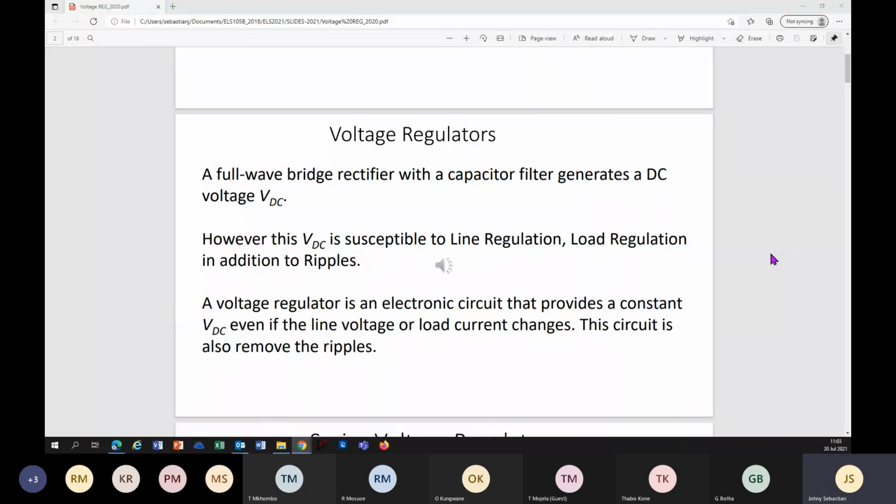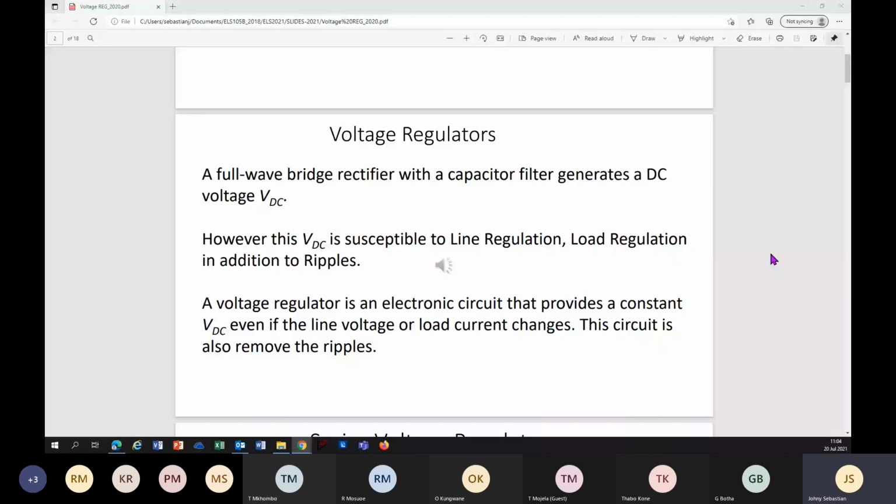A voltage regulator is an electronic circuit that provides a constant VDC even if the line voltage or the load current changes. Okay, so a voltage regulator has two functions. It basically compensates for line regulation, and it also compensates for the load regulation.